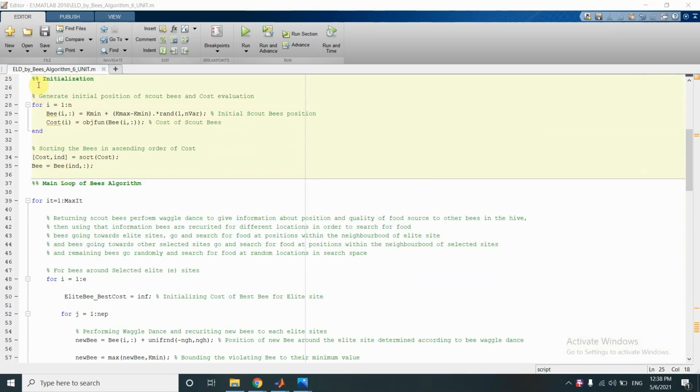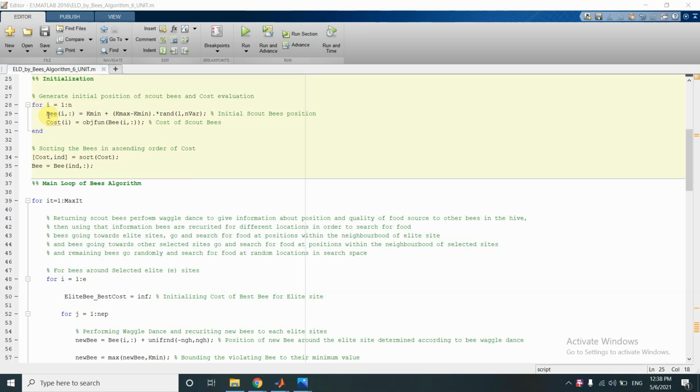Now moving on to the initialization part. In this section, we will generate the initial position of the scout bees and evaluate the cost. Each bee has two things associated with it: one is the position that it acquires in the search space, and the second is the cost at that position. In this for loop, we are generating random positions for the scout bees and then evaluating the cost value at those positions.